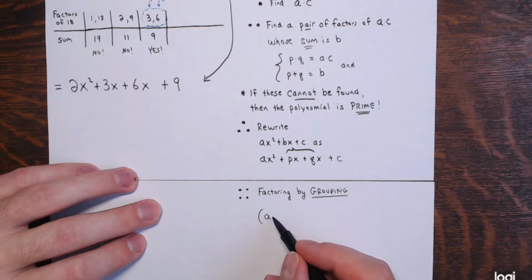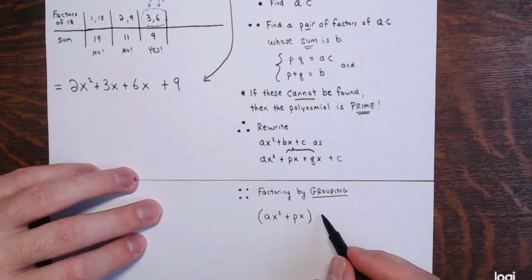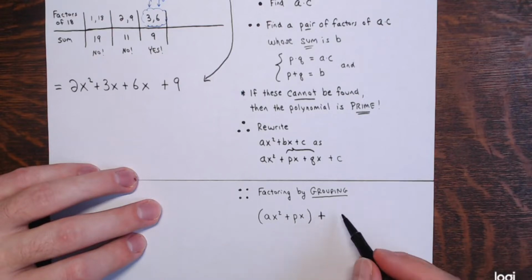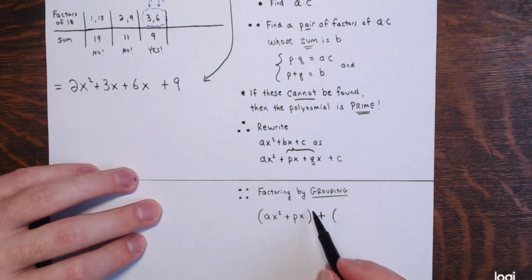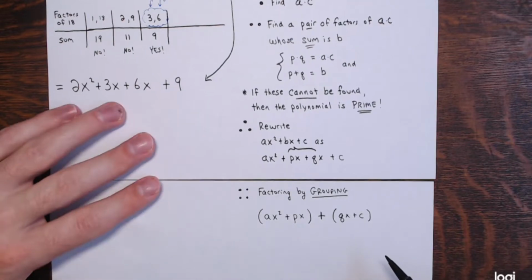So I break it up into groups. So I put the first two terms in one set of parentheses in one group, right? The ax squared plus px, and then I make a big plus sign, and then in a second separate group, I put the next two terms, right? Qx plus c. So you break the polynomial up into two groups.